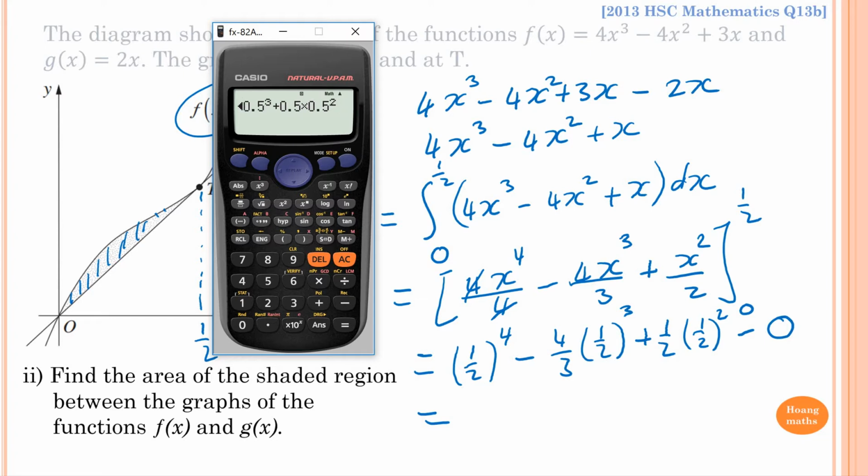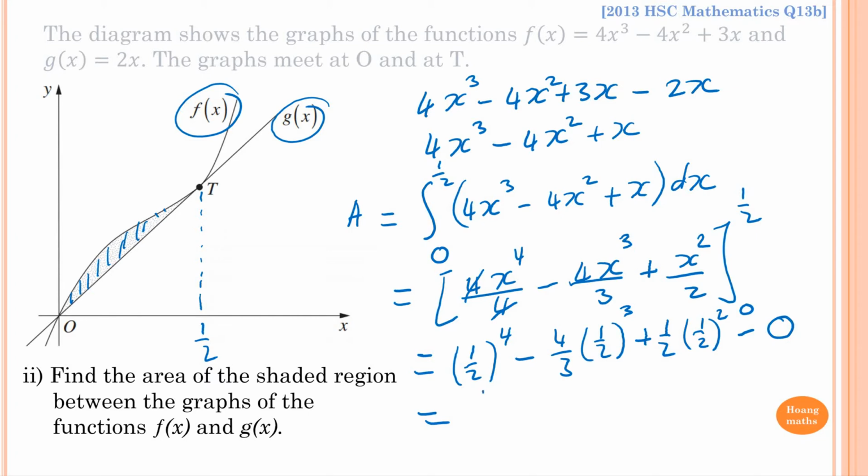Minus 0 is 0, so I don't need to put that in. This gives me a horrible number, so I simply press shift SD. So the answer is 1 over 48 square units.